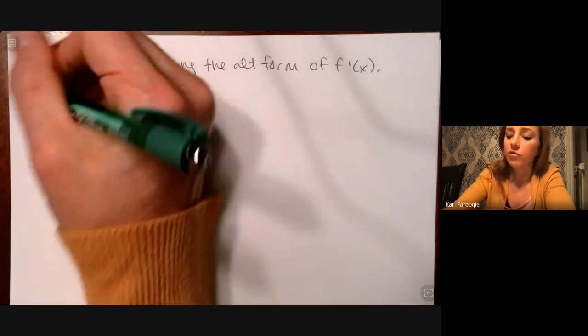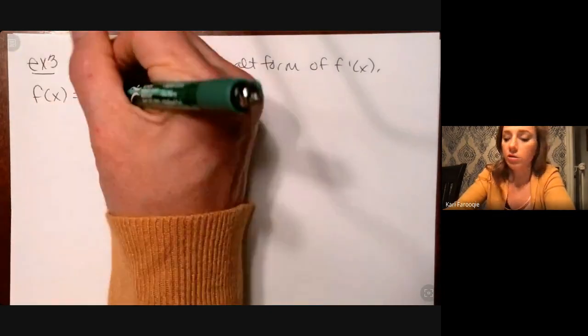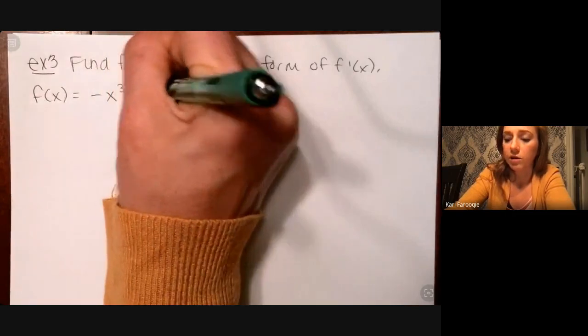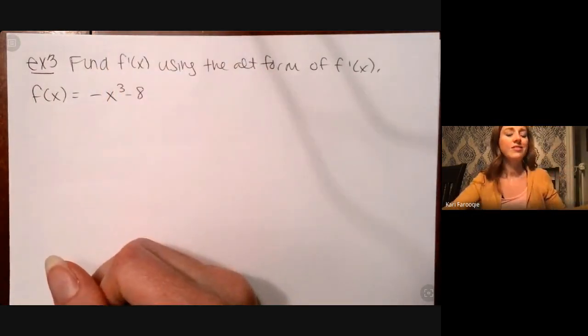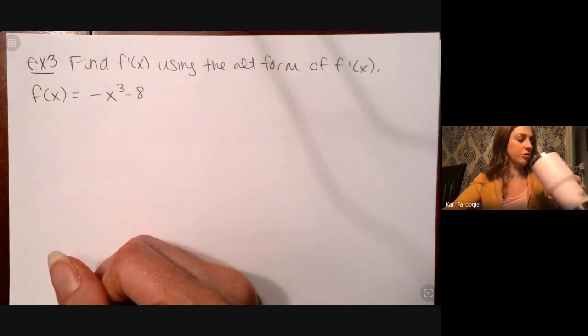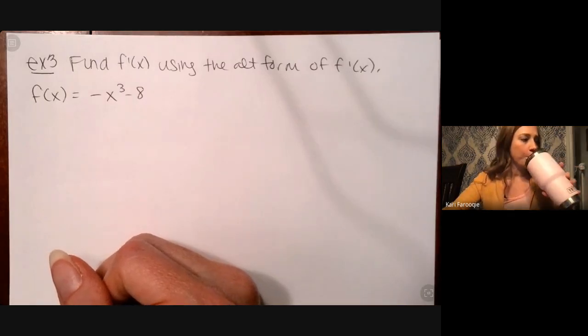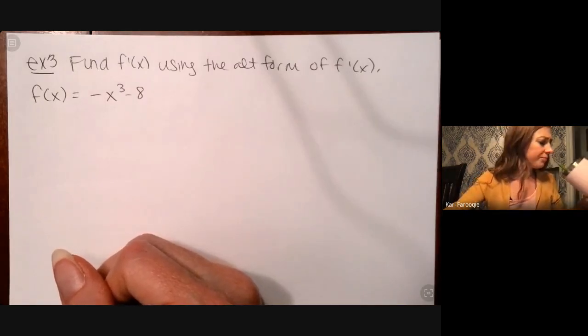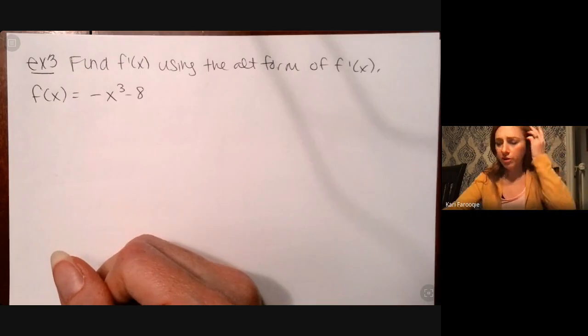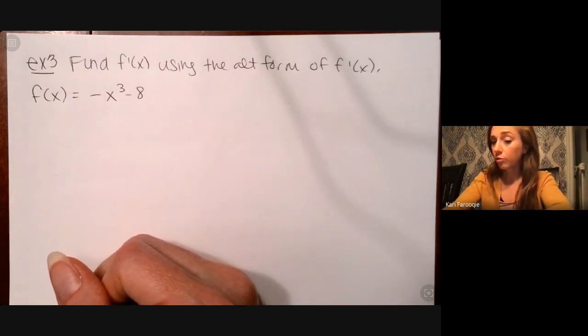Okay, f of x we're going to let be equal to negative x cubed minus 8. And this is really just an exercise in algebra at this point. So I'm going to go through this one slightly more quickly.